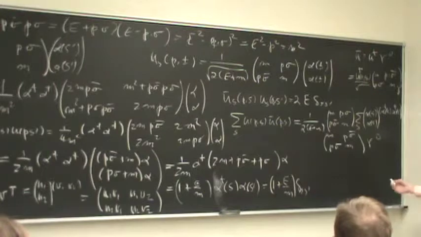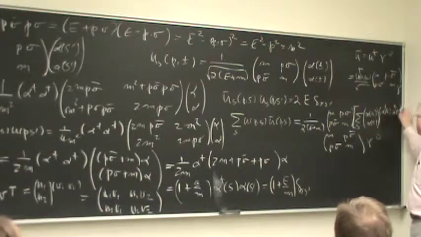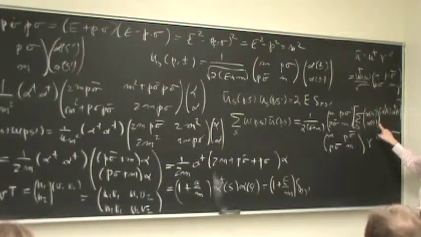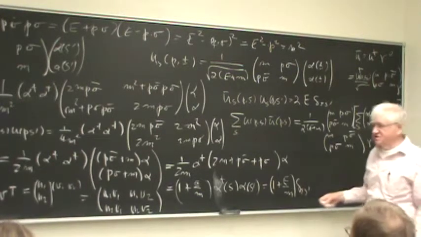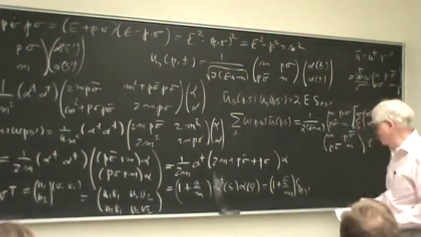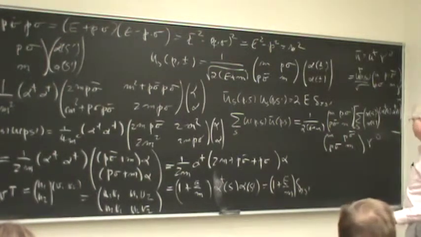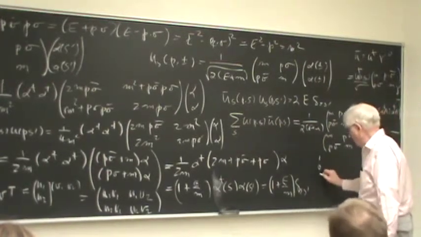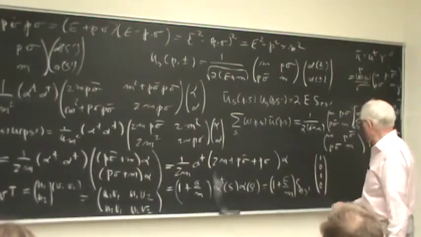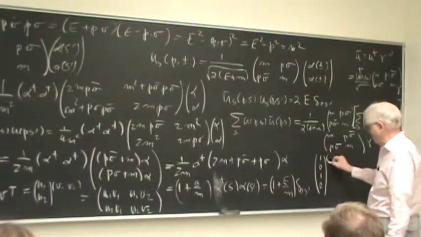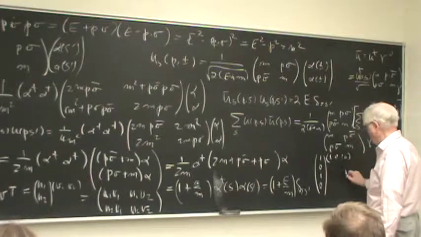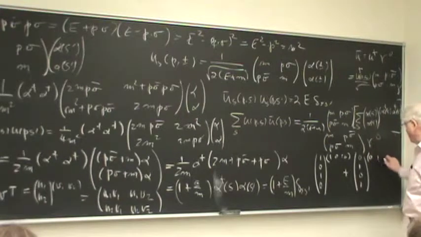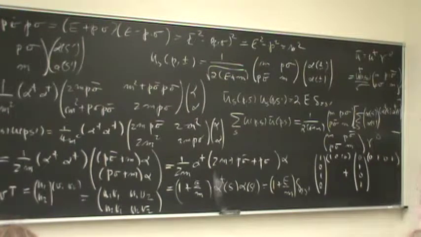Now the part that I want to show you carefully is what this is. And to understand this, you just have to understand what the outer product of two vectors is. Well, it is 1, 0, 1, 0, that's one of the alpha S's times its adjoint, which is 1, 0, 1, 0, plus 0, 1, 0, 1 times 0, 1, 0, 1.